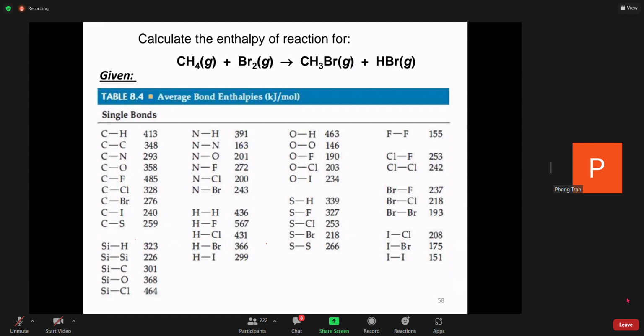So, anyone got the result? Anyone got the result of this calculation?